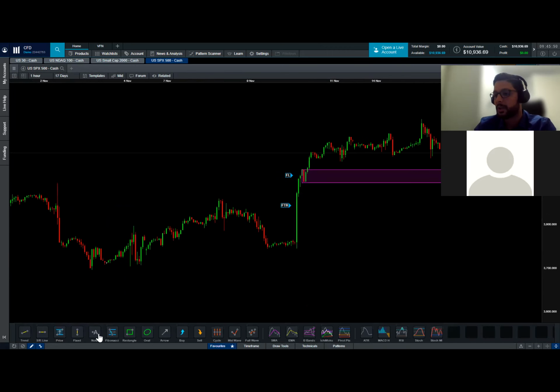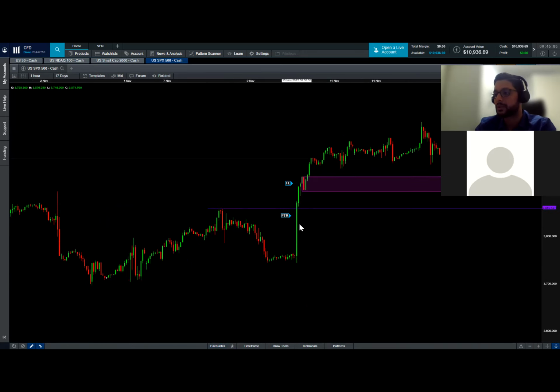So lots of people, just imagine, lots of people take short positions. They put the stop loss here, and boom, stopped out. So what type of candle or what type of orders stop them out? FTR. We call that area FTR, failure to return.